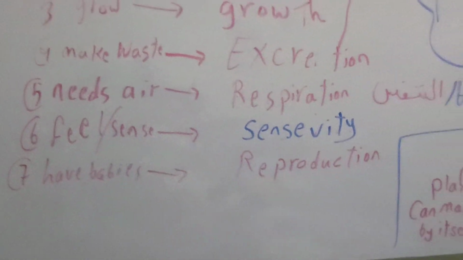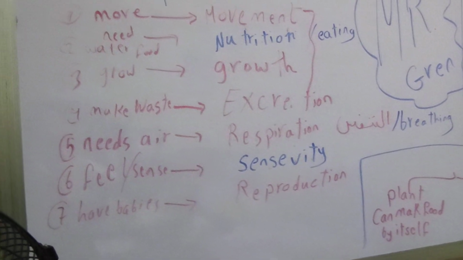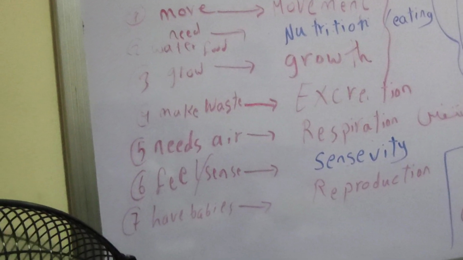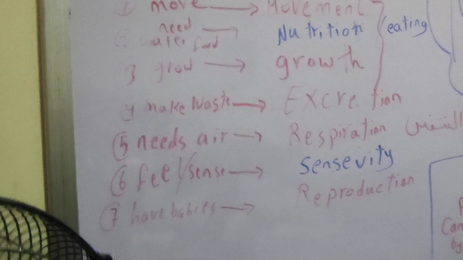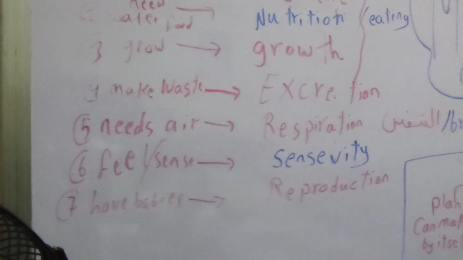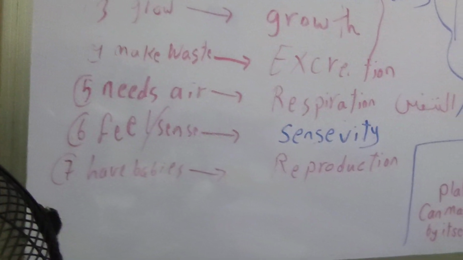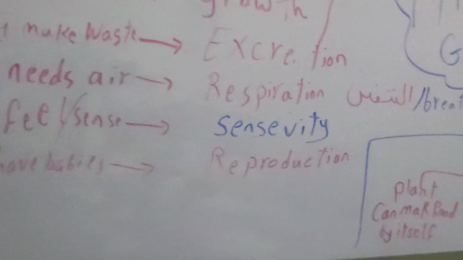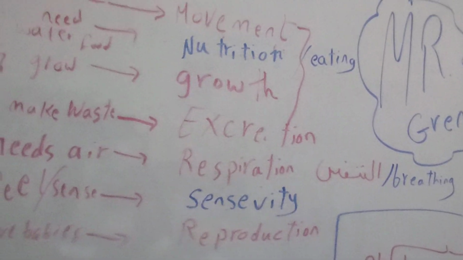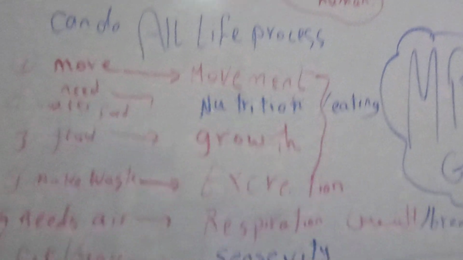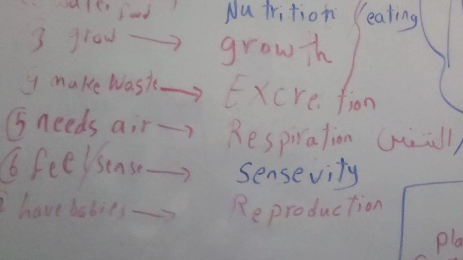And the last one is called what? Having babies, having a child. When you grow up and get married, you have little babies. When you do that, congratulations, you do one of the life processes called reproduction.